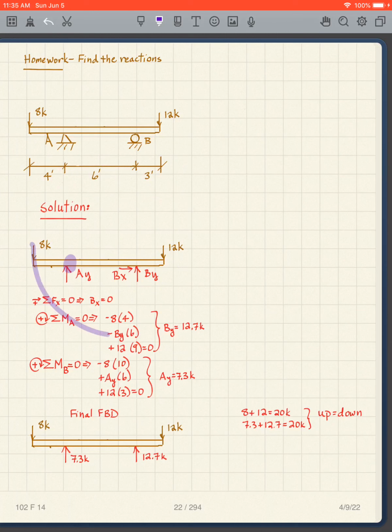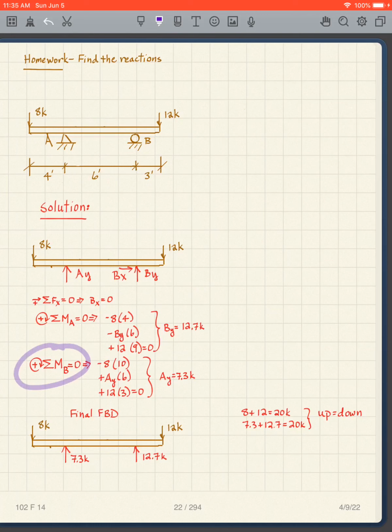Counterclockwise there, it's negative. Clockwise there, it's positive. All reflected in this expression. We solve for BY, we get 12.7.